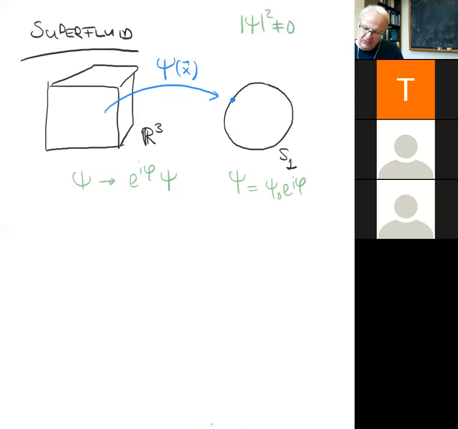Really where this distinction comes in is when we look at defects in stable objects. But before we do that, we will look at something also related to the structure of the order parameter, which is the nature of elementary excitations in the broken phase.